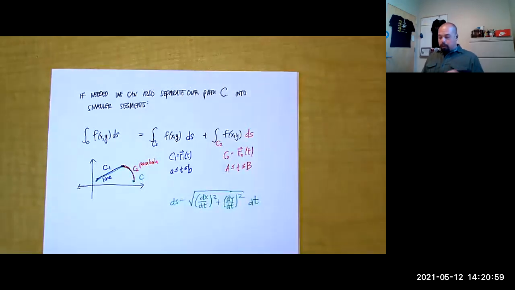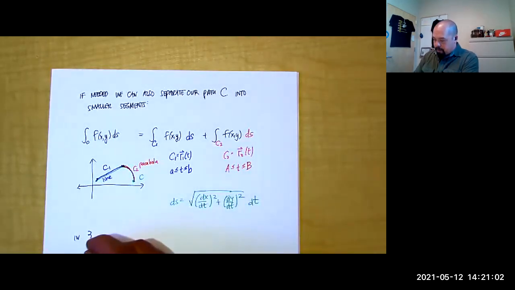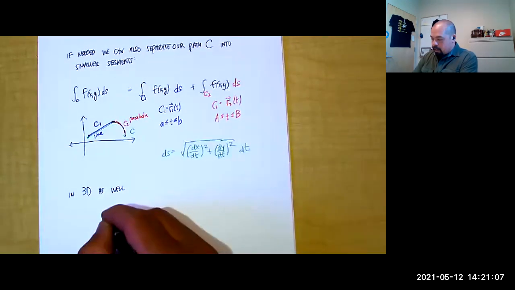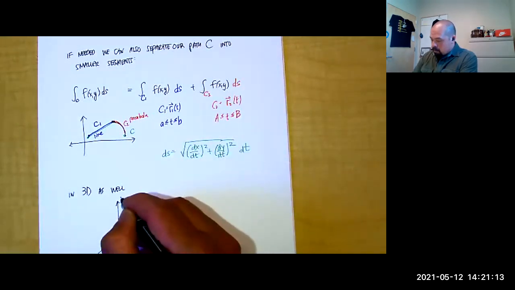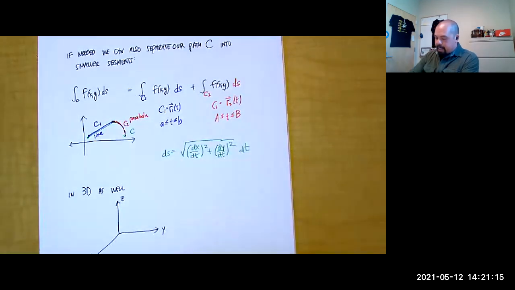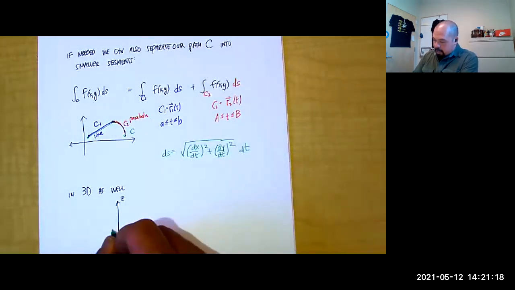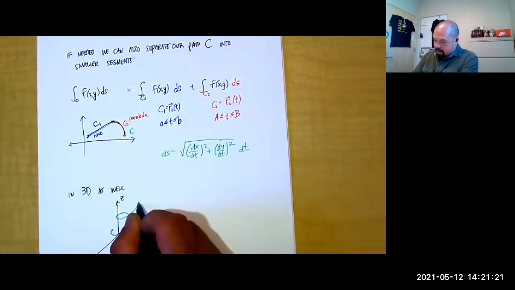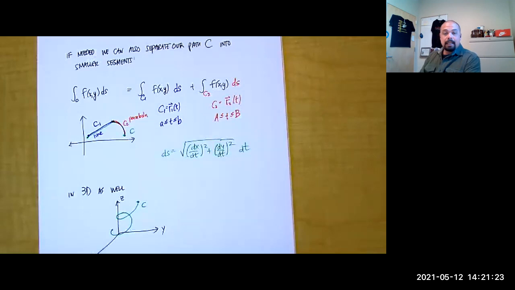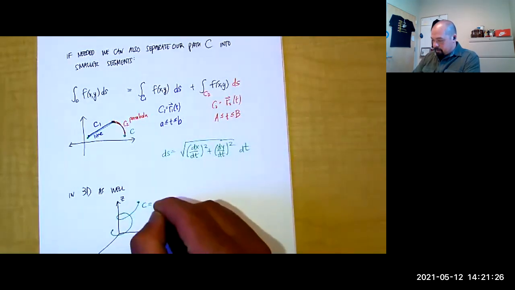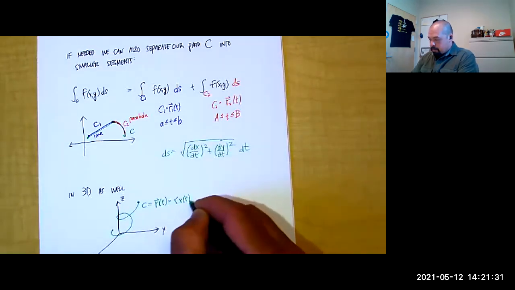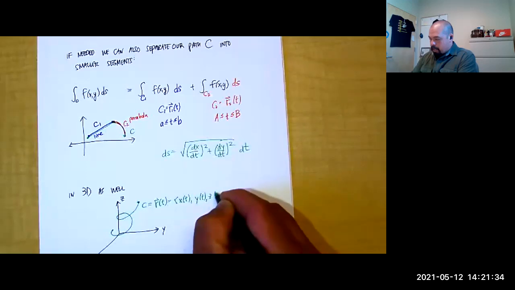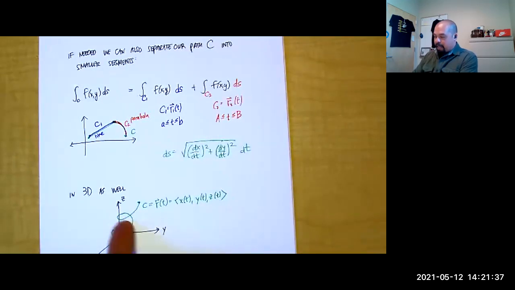So if we have, in this case, our curve C, thinking about it, if we have this kind of helix, where depending on how much time has gone by, we're just following that loop.